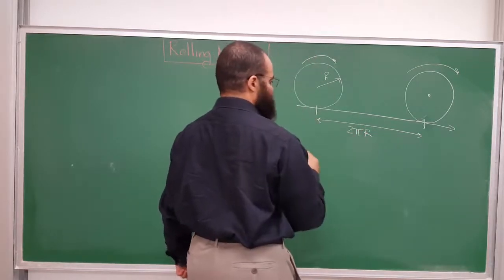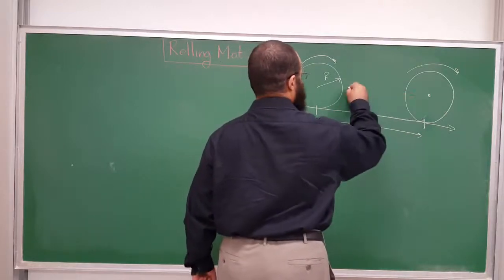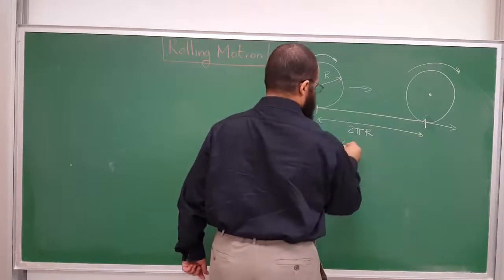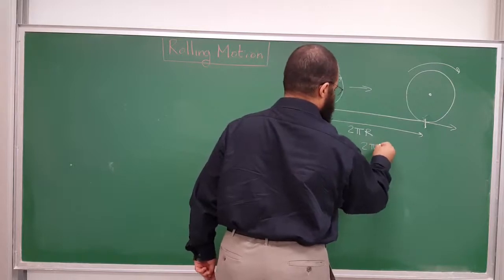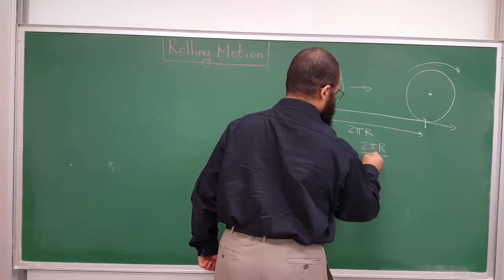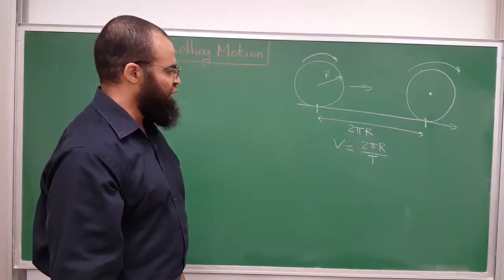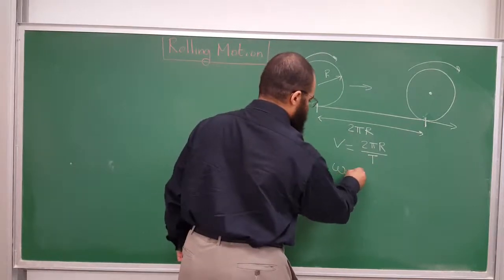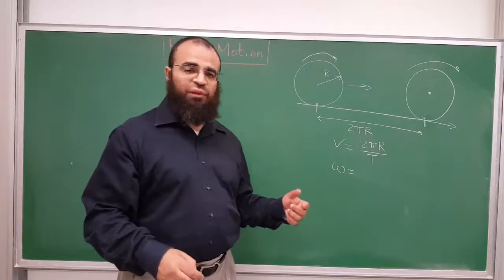So let's calculate the speed. The speed of this wheel, how fast is it moving to the right? Well, the speed is the distance traveled over the time elapsed, so it's 2 pi r divided by the time it takes to complete one cycle, which is the period. Now, the angular velocity, which is omega, is how much angle you make per unit of time.